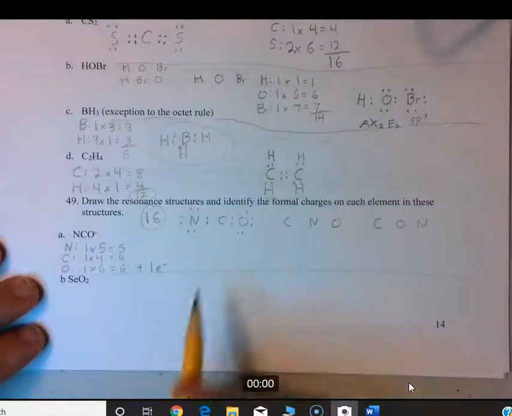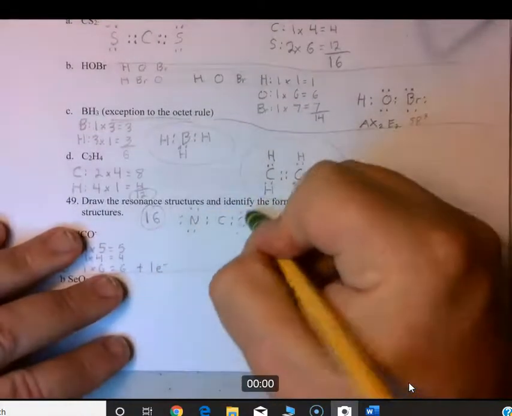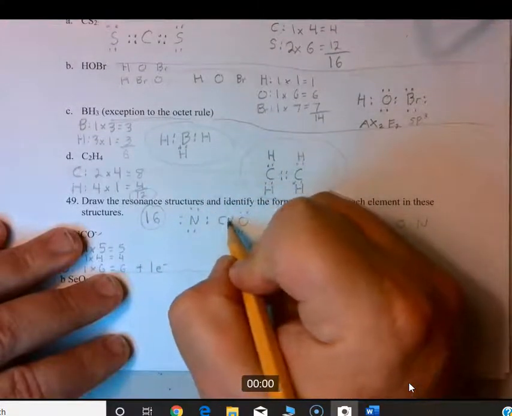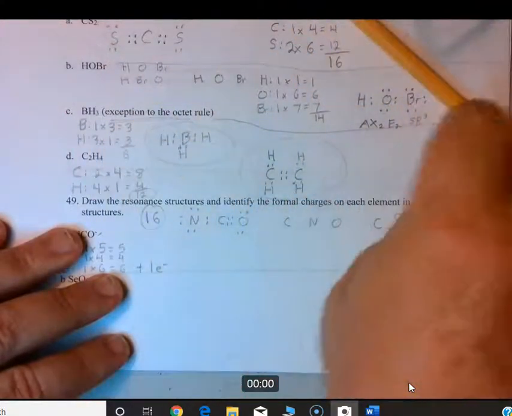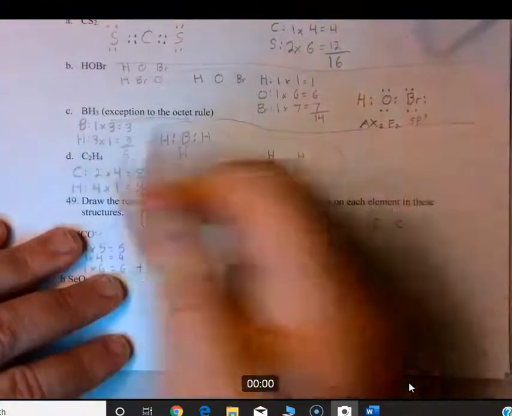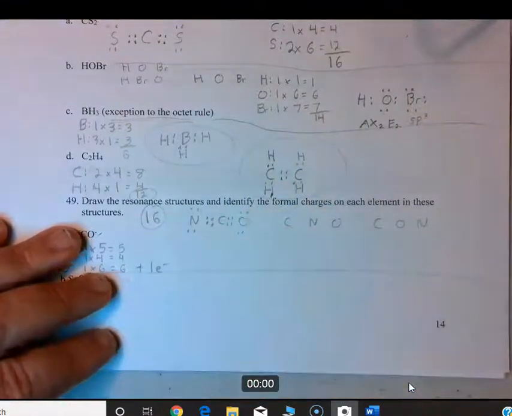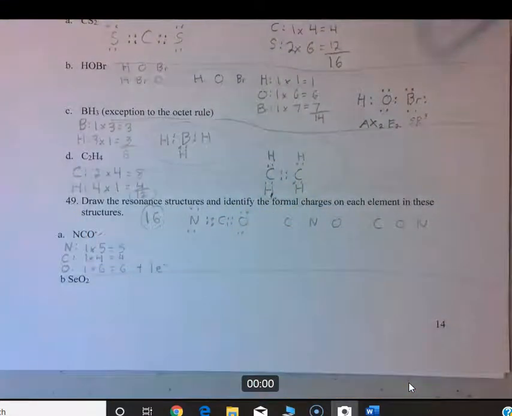Okay, so I have 16, but carbon doesn't have an octet. So the way we're going to do that is take these 2 from the outside of this oxygen and take 2 from the outside of the nitrogen. And now everything has an octet, and we've used all 16. Everything has an octet.